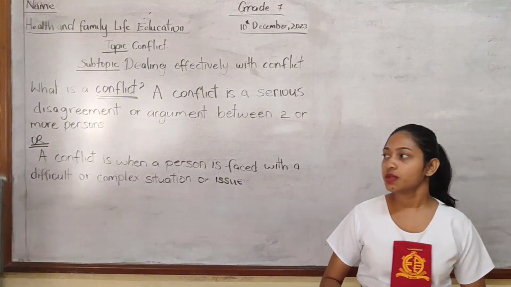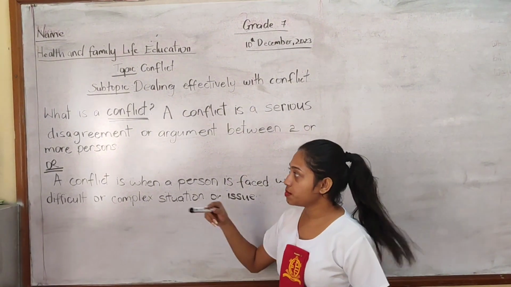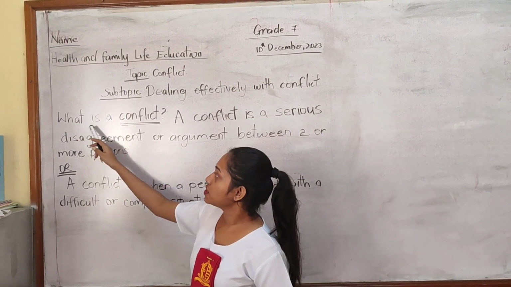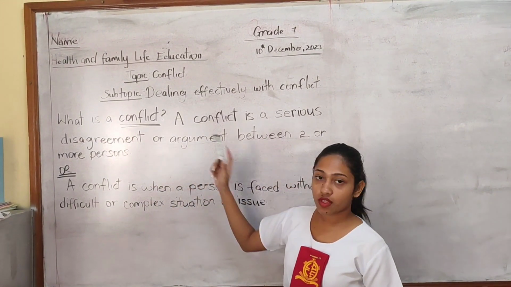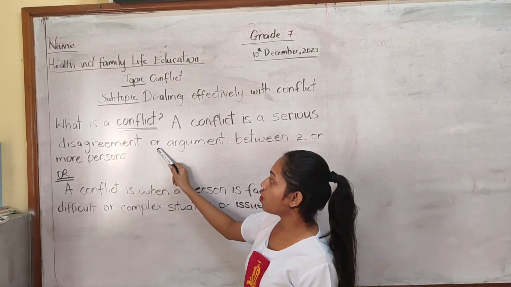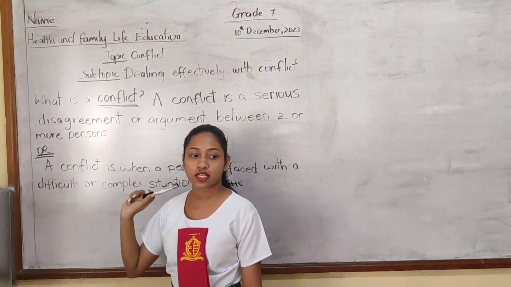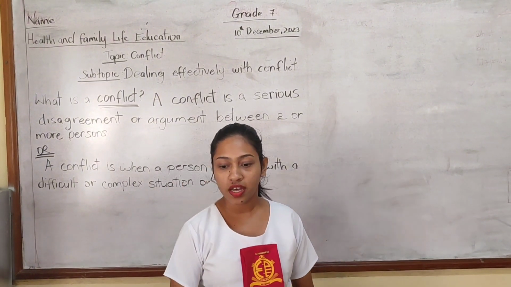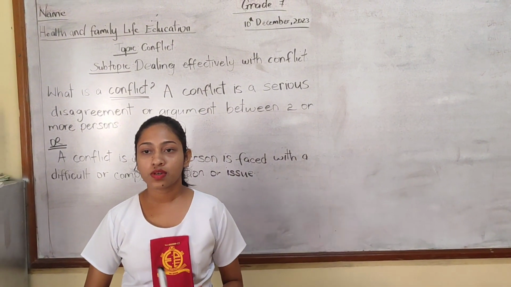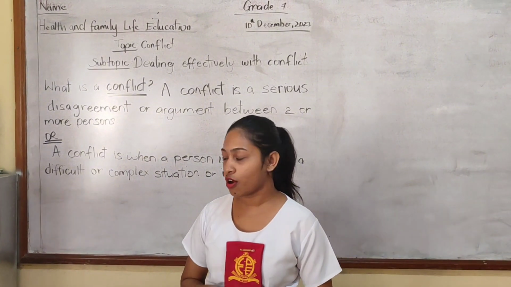Here on the board, I have 2 definitions of what a conflict could be. What is a conflict? A conflict is a serious disagreement or argument between 2 or more persons. I think it was group 1 who said it was a disagreement between 2 or more persons, and you're correct.